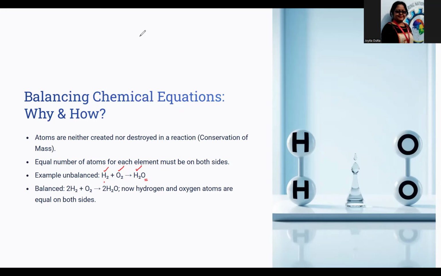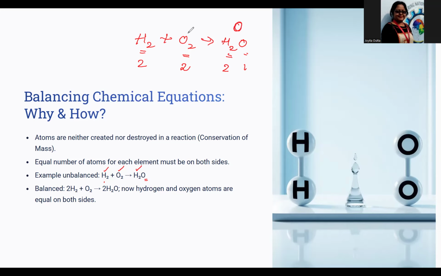So when I write hydrogen plus oxygen gives water, what do I do? Hydrogen is 2 here, hydrogen is 2 here. But oxygen is 2 here, and oxygen is 1 here. This water is a molecule, so it will act together.